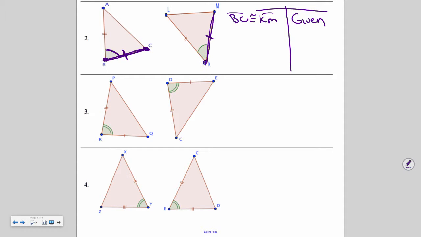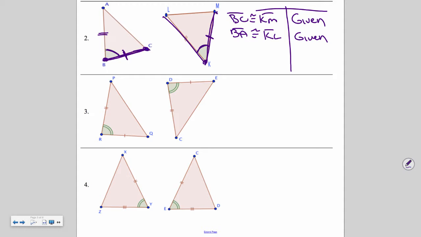So I started with K, which is at the angle, and I go up to M. Now, I can also say that this side BA is congruent to KL because that is also given, because it is already marked.